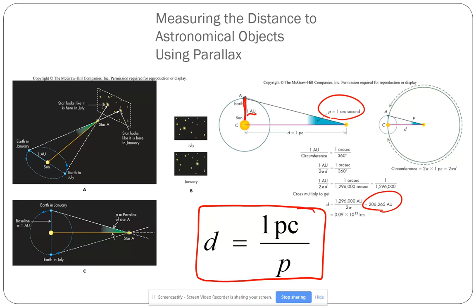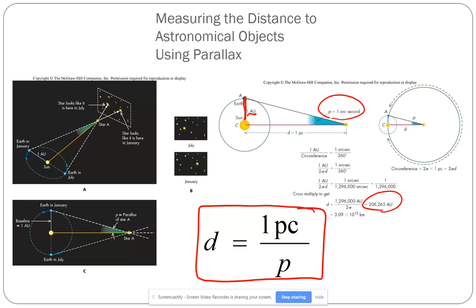A degree is 1/360th of a circle. A minute is 1/60th of a degree, and a second is 1/60th of a minute. So an arc second is 1/3600th of a degree, and then you take 360 times 3,600. An arc second is that much of a full circle.